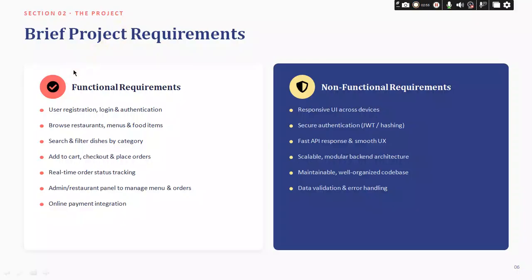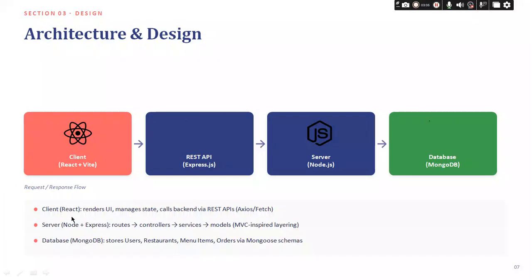We are focusing on functional and non-functional requirements, which we check at the last checking time when deploying the project. They include user registration, login, authentication, browsing restaurants, menu, food items, search, filtering the dishes, add to cart, checkout, pay, real-time order status, admin and restaurant panel, and etc.